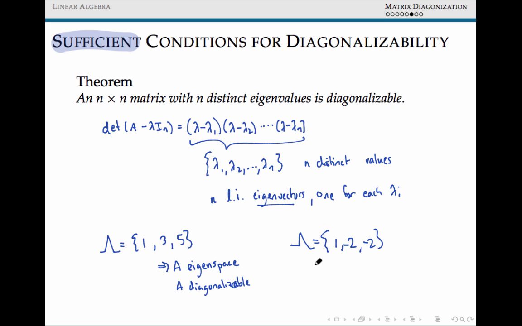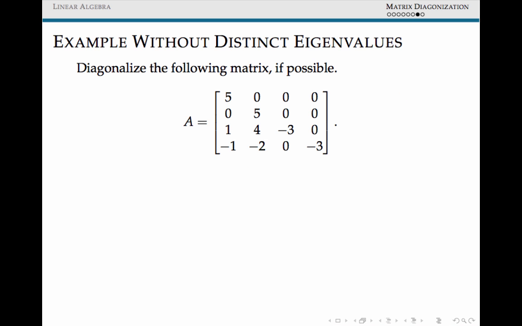So let's look at one more matrix to see how we could identify whether or not, let's just run through maybe in software, how we would go about constructing a diagonalization of a matrix. So let's look at an example without distinct eigenvalues that still works. One of the nice bonus things that we're able to do is, given a diagonal matrix, or an upper or lower triangular matrix, we can do a quick check by looking at our entries along the diagonal.